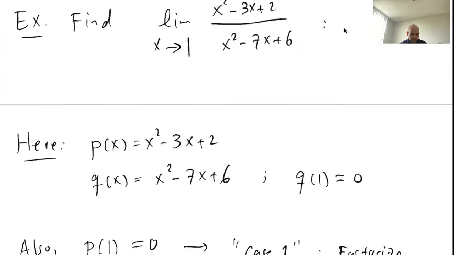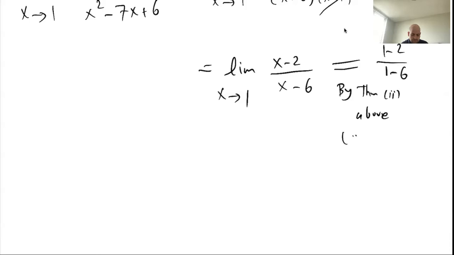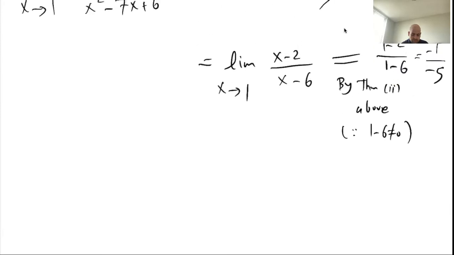Here, the bottom function x minus 6 at 1 is not 0. So by theorem 2 above, we can write this as 1 minus 2 over 1 minus 6, because 1 minus 6 is not 0. So this is minus 1 over minus 5, and this is the same as 1 over 5.